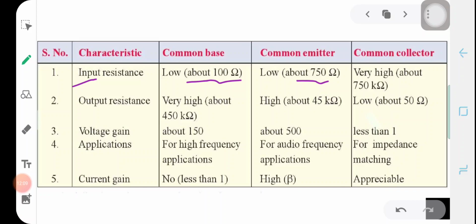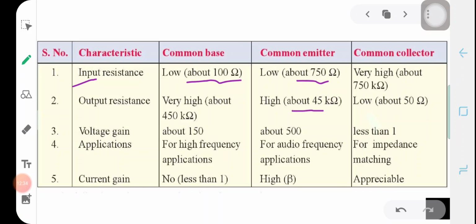And when we are considering the output resistance, the common base will have a very high output resistance of the order of 450 kilo ohms. The common emitter will have a high output resistance, but it is low when compared to the common base connection, but it is again of the order of a few kilo ohms.